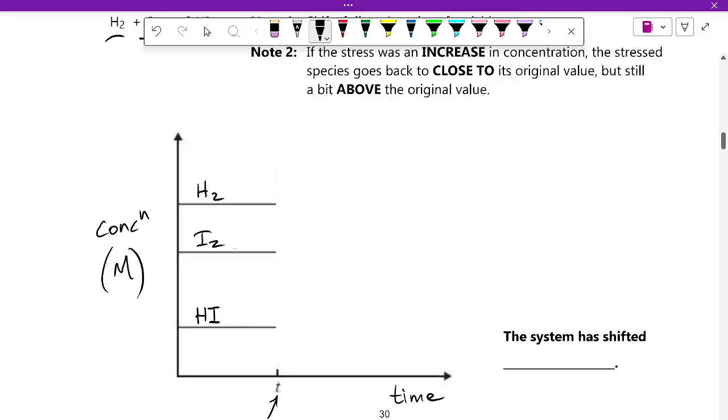We added H2, or you could say we increased the concentration of H2. Either of those would be fine. What would that look like on our graph? We're going to get a jump in all of them, in one of them, in some of them. In one of them, which one? H2.